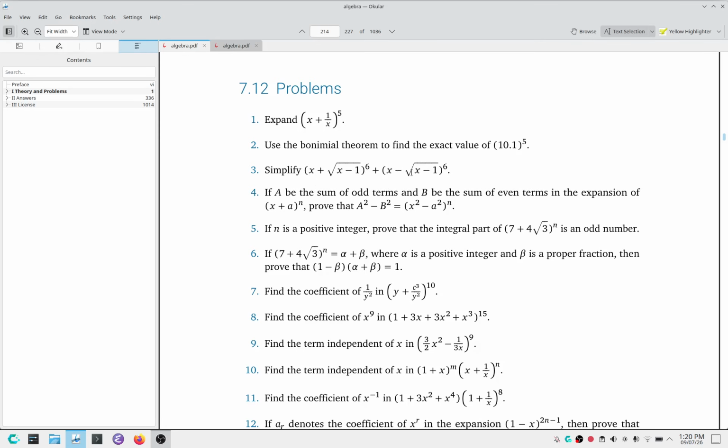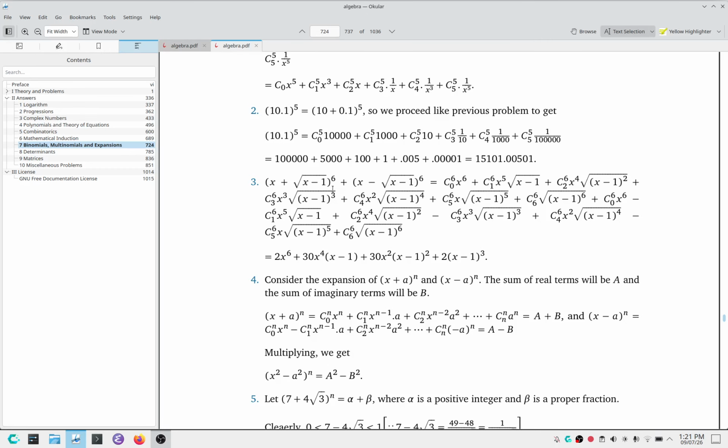Now next question is simplify (x + sqrt(x - 1))^6 + (x - sqrt(x - 1))^6. So we simply expand it, we get 6C0 x^6, 6C1 x^5 sqrt(x - 1), 6C2 x^4 times (sqrt(x - 1))^2, and so on up to 6C6 (sqrt(x - 1))^6.